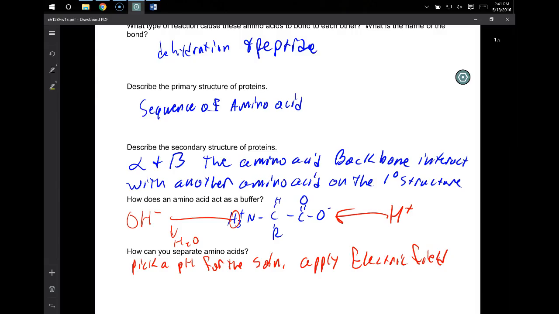The pH is going to be called the isoelectric point, the PI. If I pick the PI for a particular amino acid, that amino acid will be neutral. So when I apply the electric field, what's going to happen? Everything else will move. It's going to stay there because it doesn't have an overall charge. So basically, I'm just isolating that one thing by pulling everything else out of the mix by picking a particular pH. Okay.